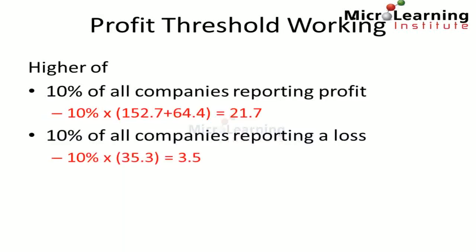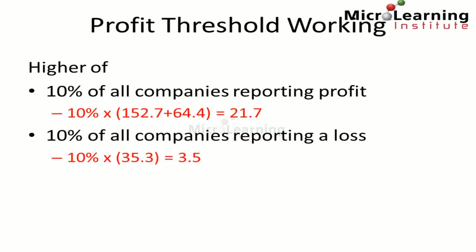The profit criteria is met if the profit is the higher of the 10% of all companies that are reporting a profit. Now if we look at our updated profit schedule, we'll see the two companies reporting a profit of 152.7 and 64.4 respectively, and 10% of that is 21.7.